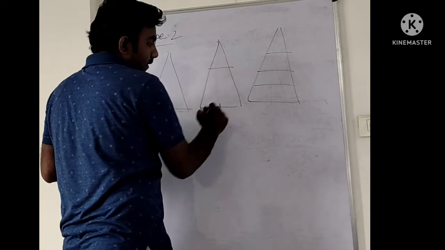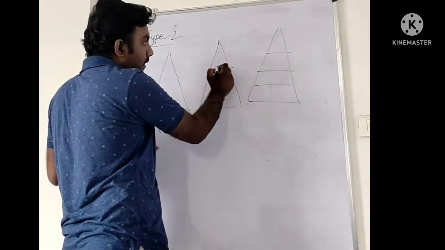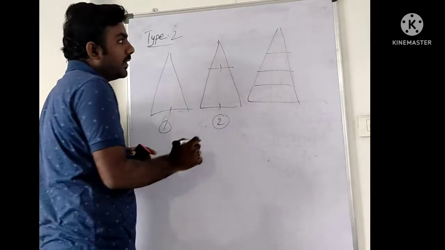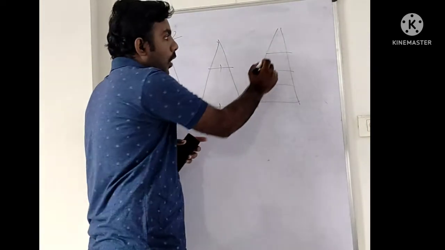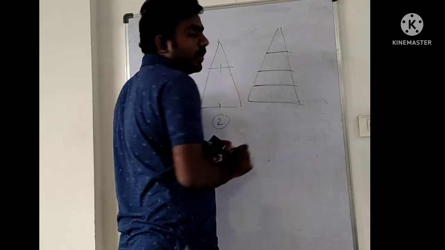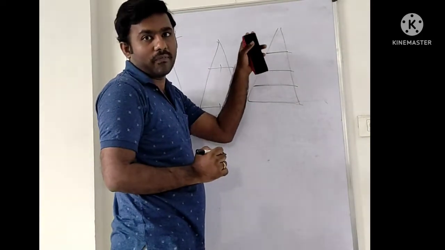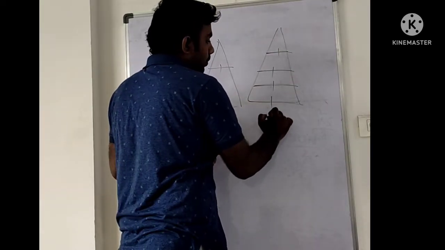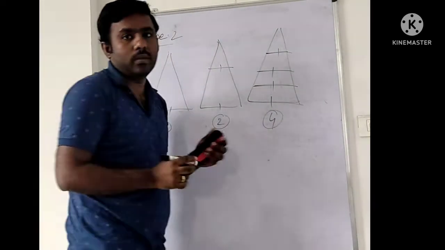Here one base is there and here one more base is there, so the total number of triangles is 2. Here we can easily find how many horizontals there are, and based on that we can tell how many triangles there are in that particular figure. 1, 2, 3, 4 means 4 triangles.